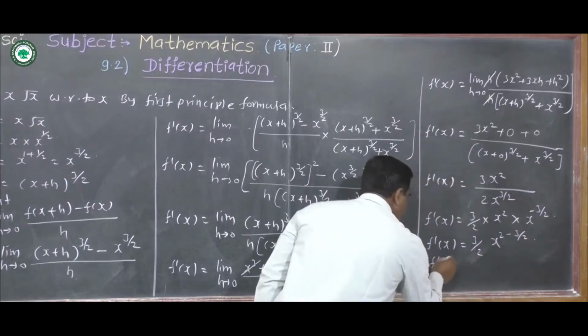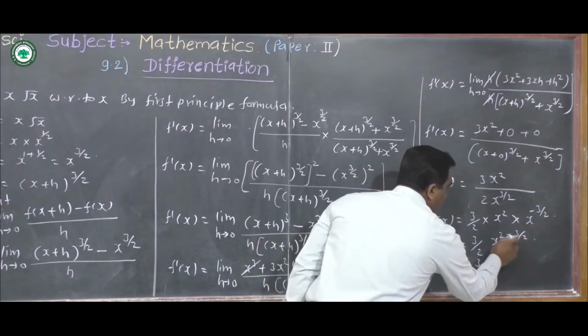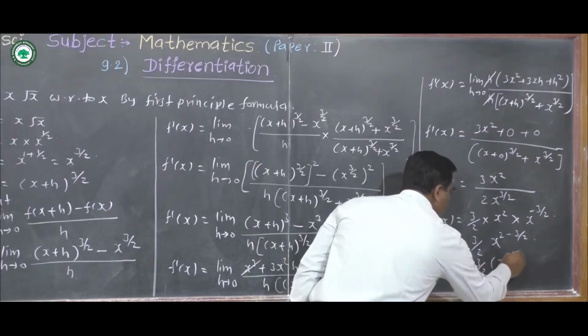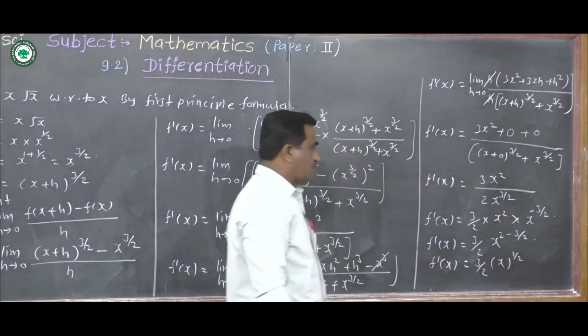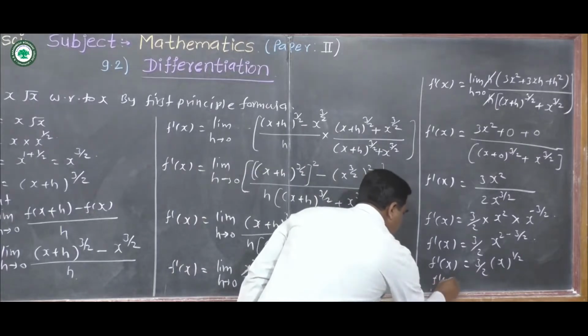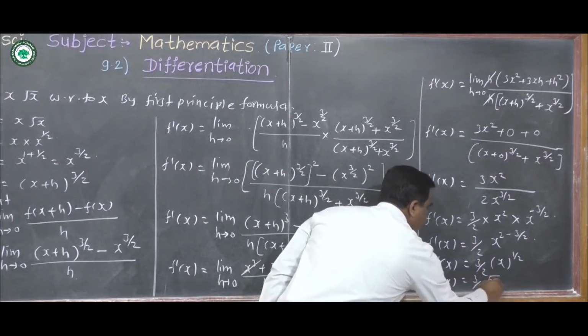That is, we get f dash of x equal to 3 by 2 into x raised to (4 minus 3) upon 2, which means we get only x raised to 1 by 2. That is, f dash of x is equal to 3 upon 2 into under root x.